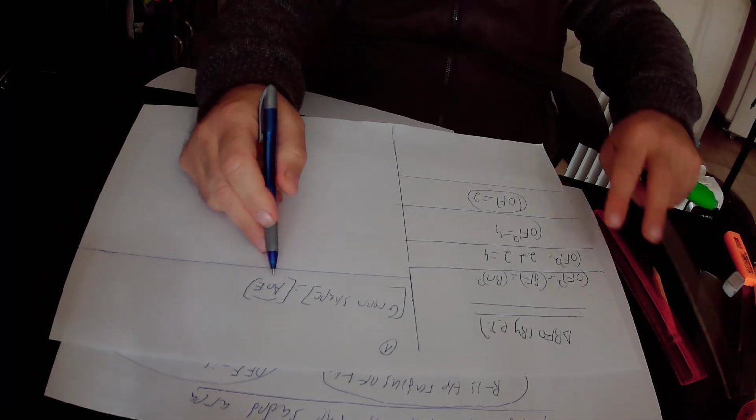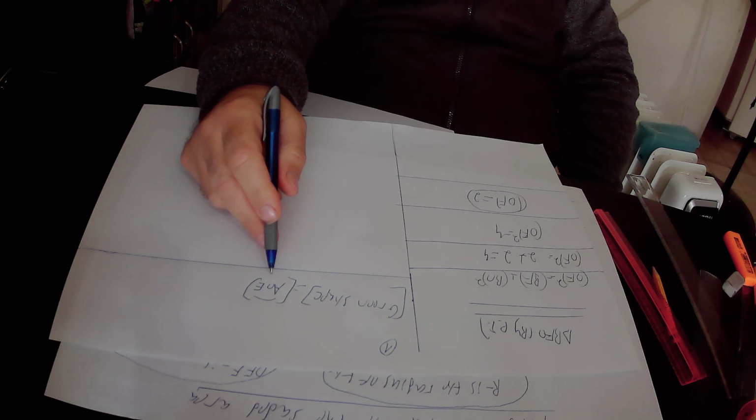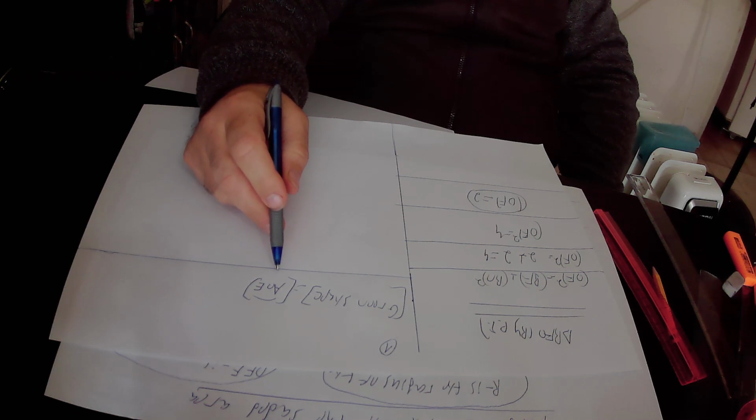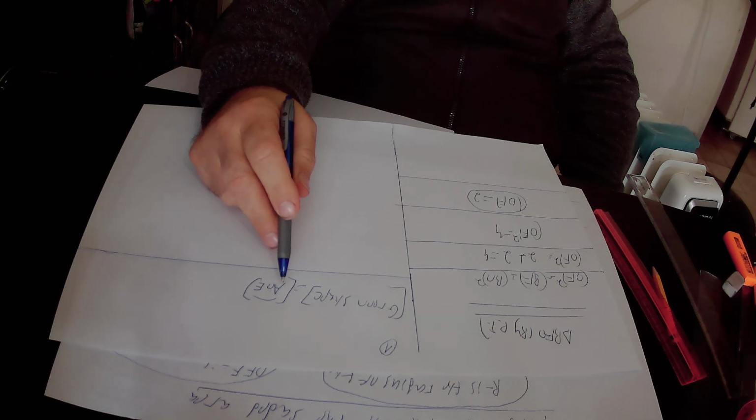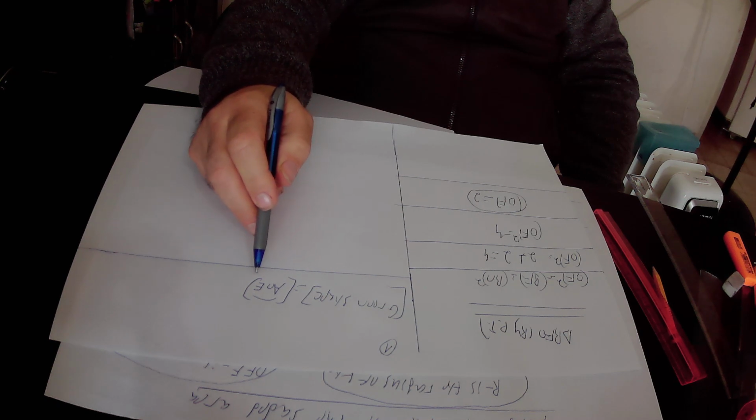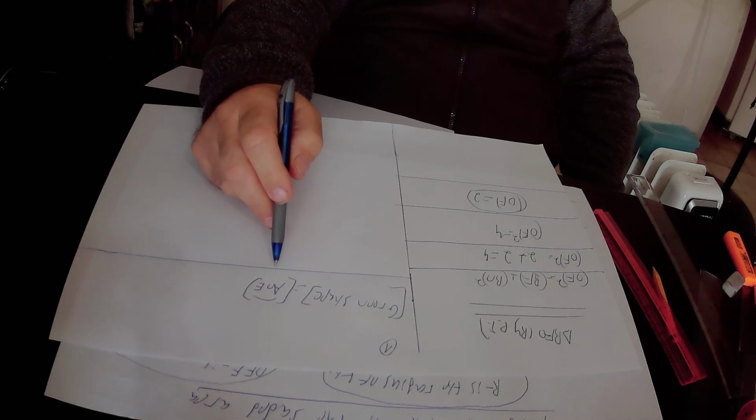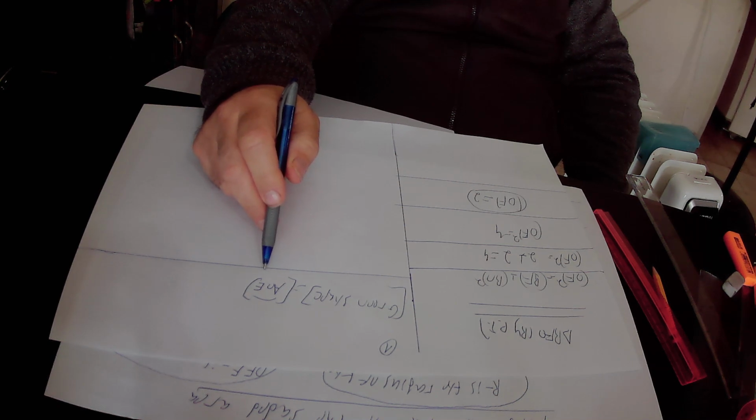The rounded line above AOE is the same as for a sector, it means sector AOE, and the squared brackets are the same for the area.